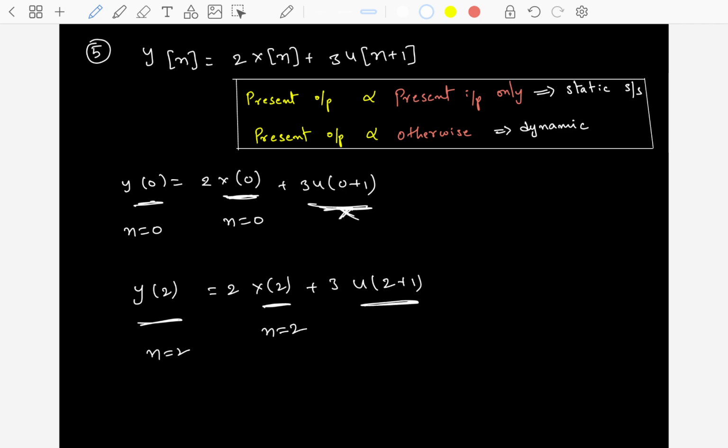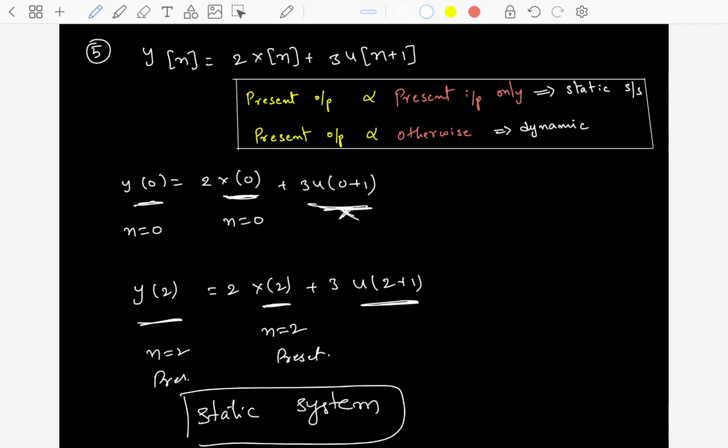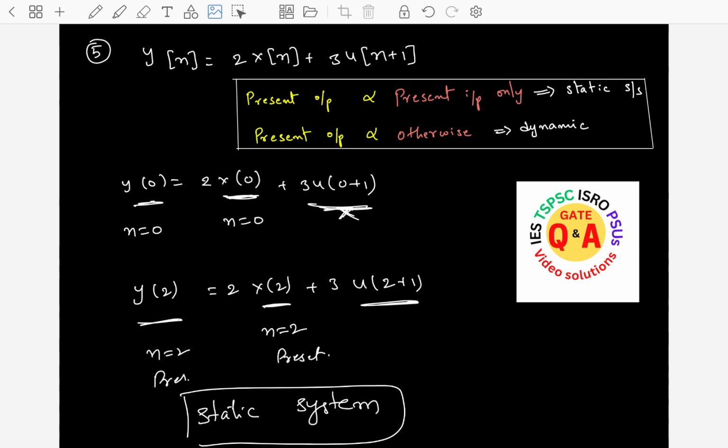So for any value of n, the present output depends only on the present input. So the system is a static system. I will show more examples in the next video.